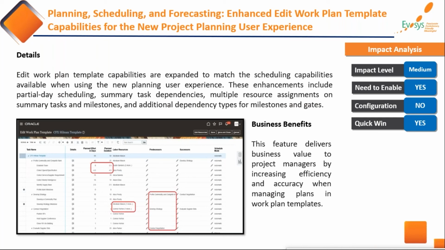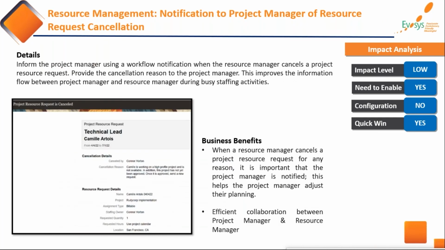Notification to project managers of resource request cancellation. So this is again a feature of project resource management. The overall functionality is that when the project manager requests a resource and it goes to the resource manager, and if the resource manager cancels that request due to unavailability of the resource, or the request itself is not correct, then the project manager will receive a notification that your resource request is cancelled.